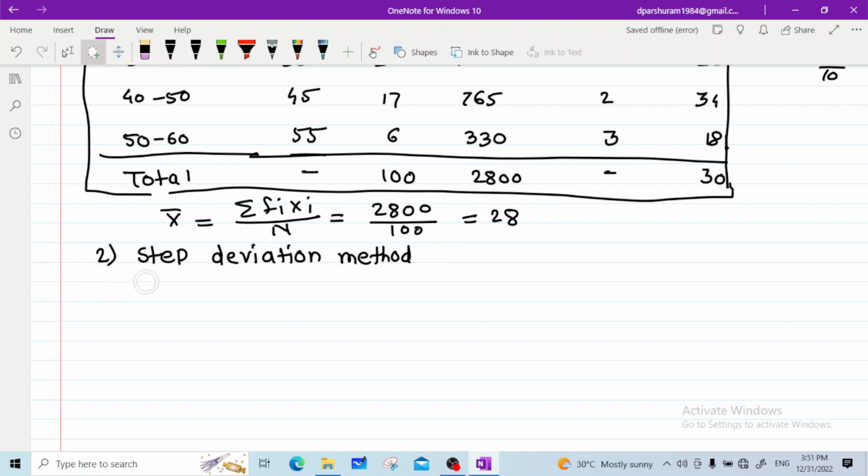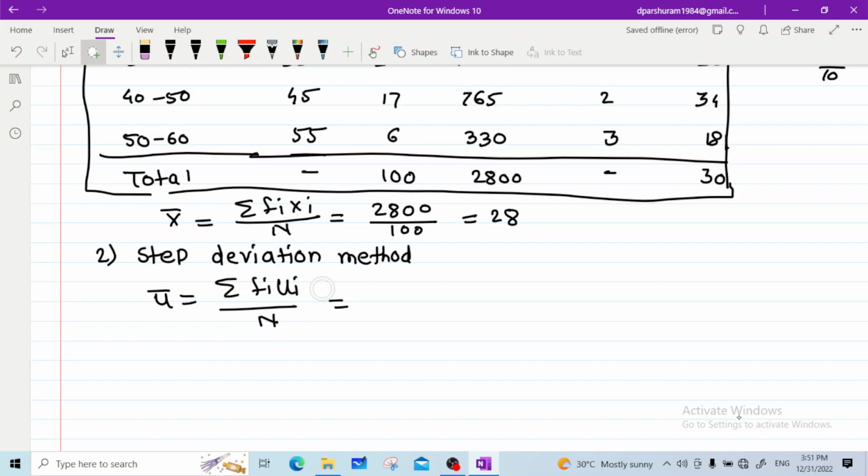Okay. For this, we use the formula u bar is equal to summation fi ui divided by n. In the SIM there is also a printing mistake.